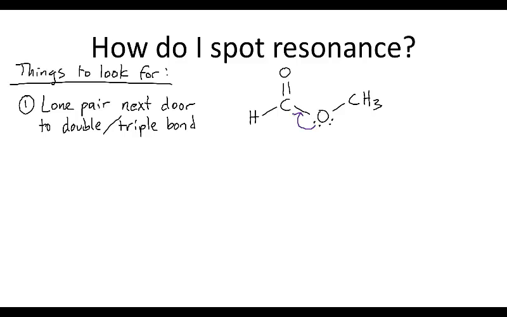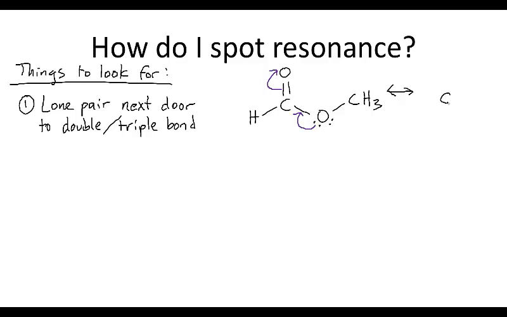Is there a way carbon can make room for electrons? Well, what we can do is have this pi bond move out onto the oxygen to make room for the incoming lone pair. And when we do that, what we get is an alternate resonance structure.